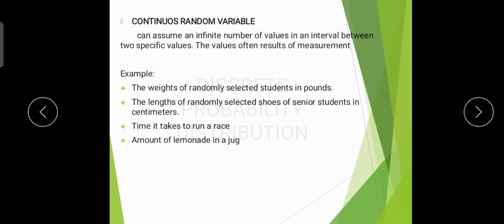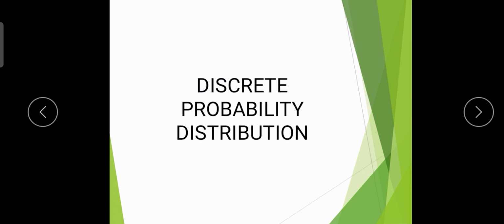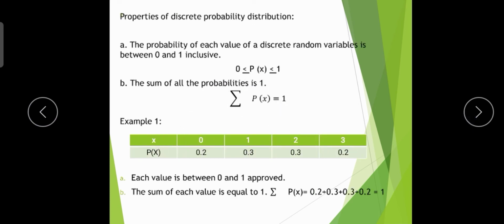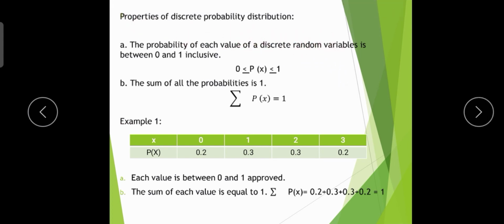Next. So, we are in the discrete probability distribution. Sa discrete probability distribution, may dalawa siyang properties. Una is, the probability of each value of the discrete random variable is between 0 and 1 inclusive.